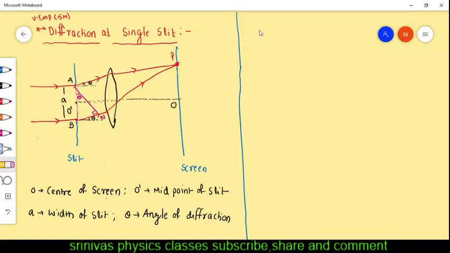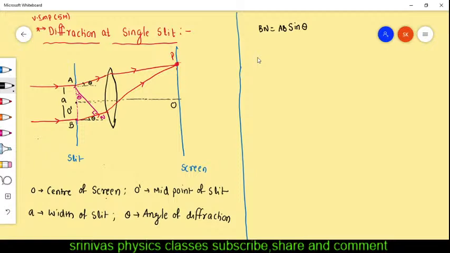I will explain each and every point. Till now, what I did, I will revise also. BN is equal to what you got from the previous derivation. In the last step, we got BN is equal to AB sin theta.